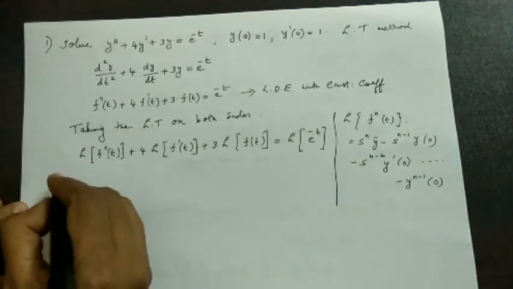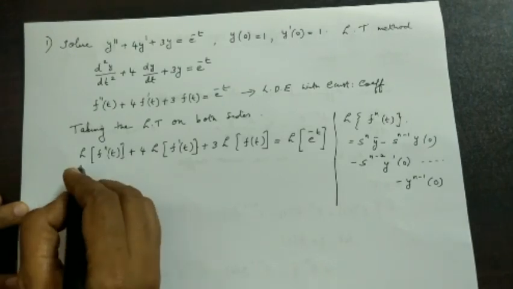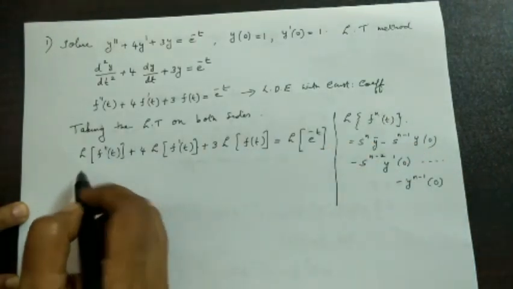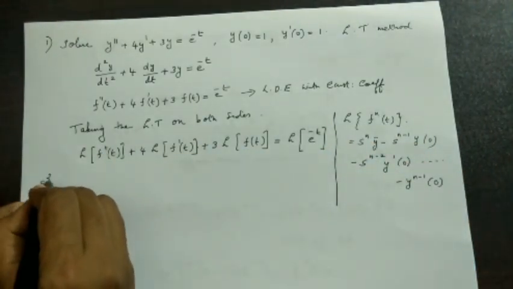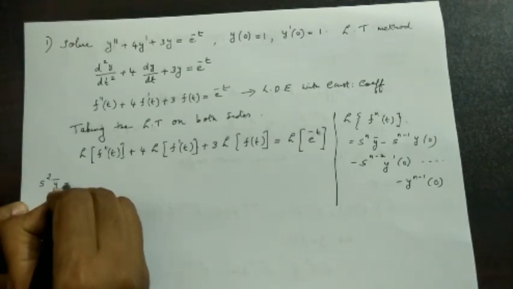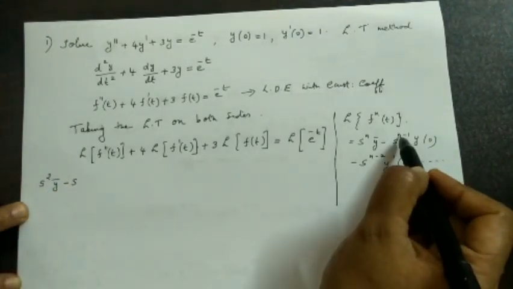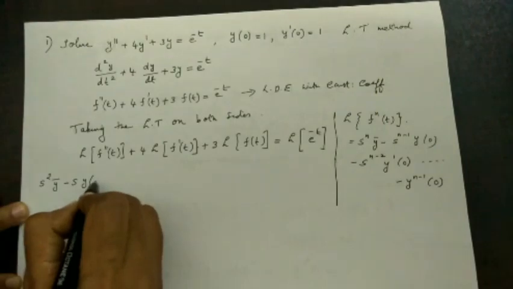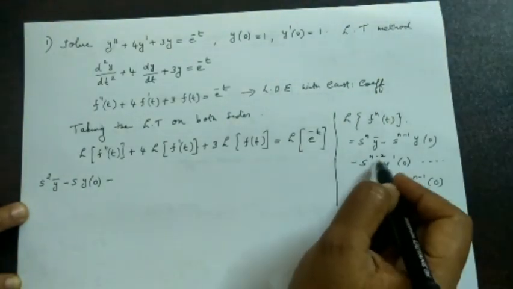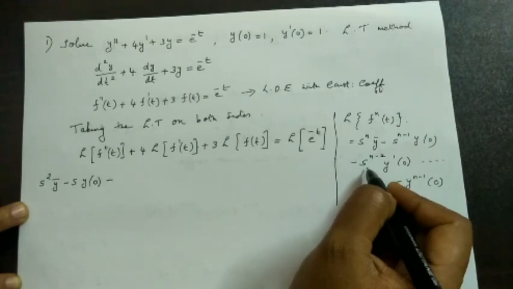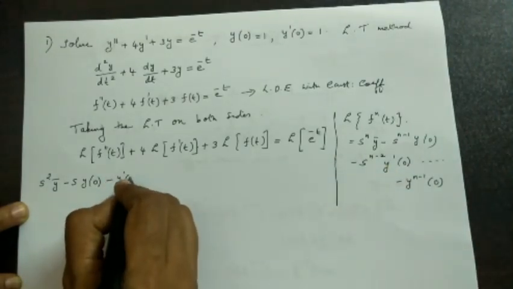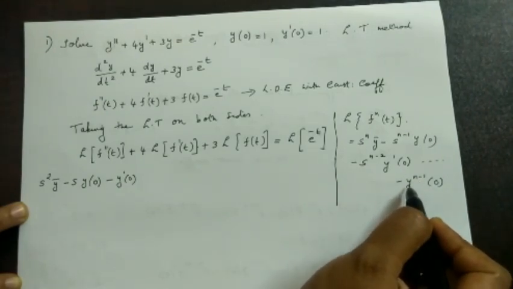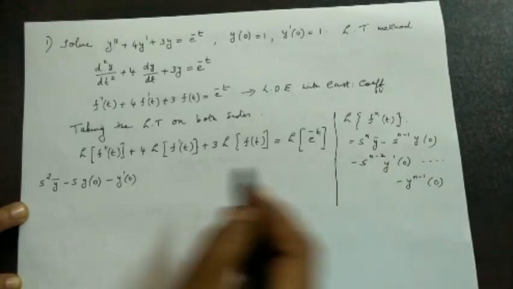Now by using that formula, here we can write L of f double dash t, putting n is equal to 2, as s square y bar minus s y of 0 minus y dash 0. Therefore the last term will be y dash 0.